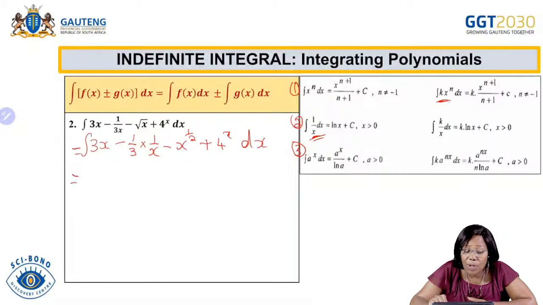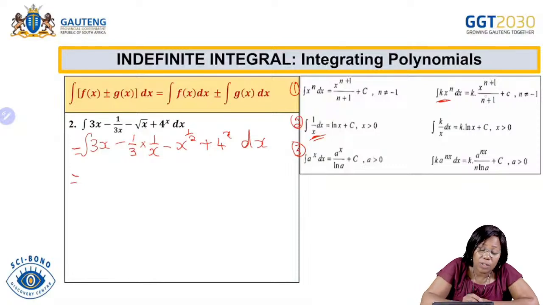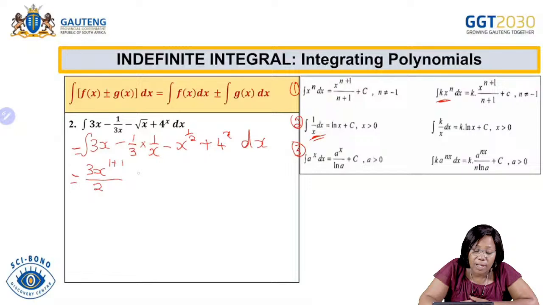And then the first one says add 1, and then we take the exponent to the denominator. This will be 3 to the power x, 1 plus 1. Exponent to the denominator, 1 plus 1, it's a 2. And then the next one, we are having minus 1 over 3, but our focus is on this one. And then that 1 over x, remember it will be the ln x. You leave 1 over 3 because it's a constant value.